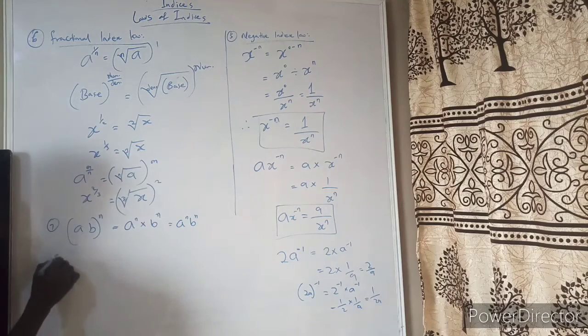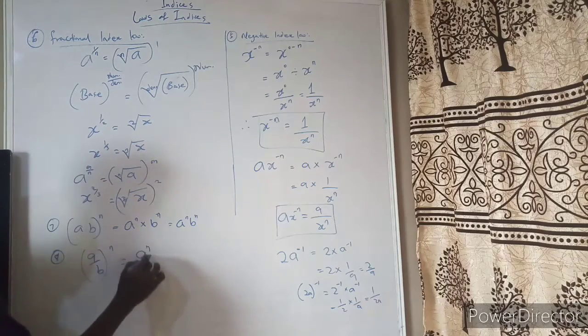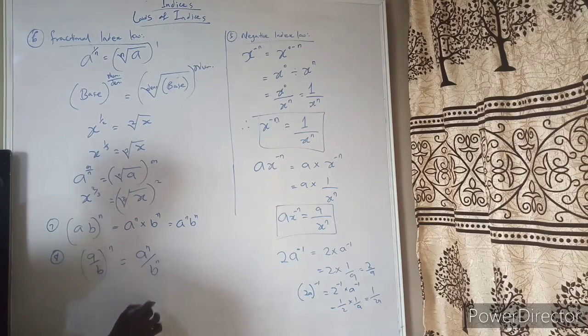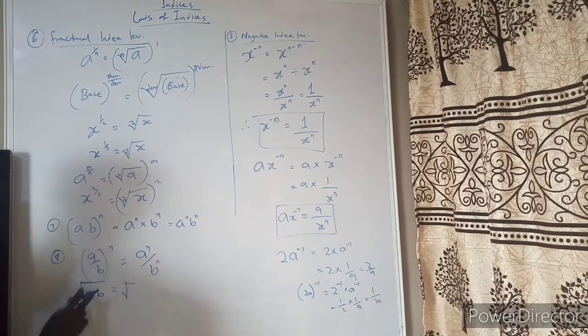Same thing applies for the division: a over b all raised by n is the same as a raised by n over b raised by n. So that's that. Even the root also applies like that. Though this is understood actually, root of ab is equal to root a times root b when they are combined with a multiplication sign.